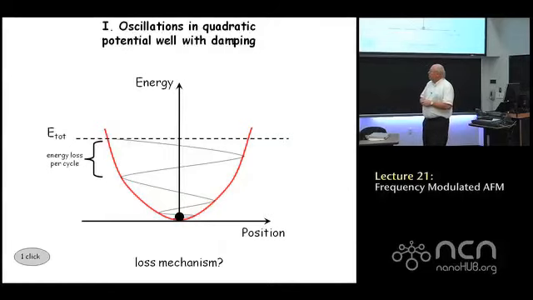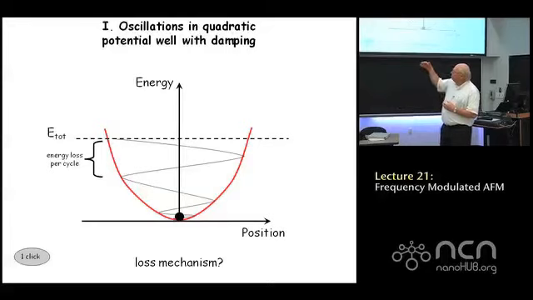And you can define a certain energy loss per cycle, which would then describe quantitatively how many cycles it would take for the particle to settle down, lose all of its energy. So if you lose a little bit of energy per cycle, it'll take many cycles before the particle settles down. If you have a large energy loss per cycle like I've got in this problem, after a few oscillations, the cantilever stops moving.